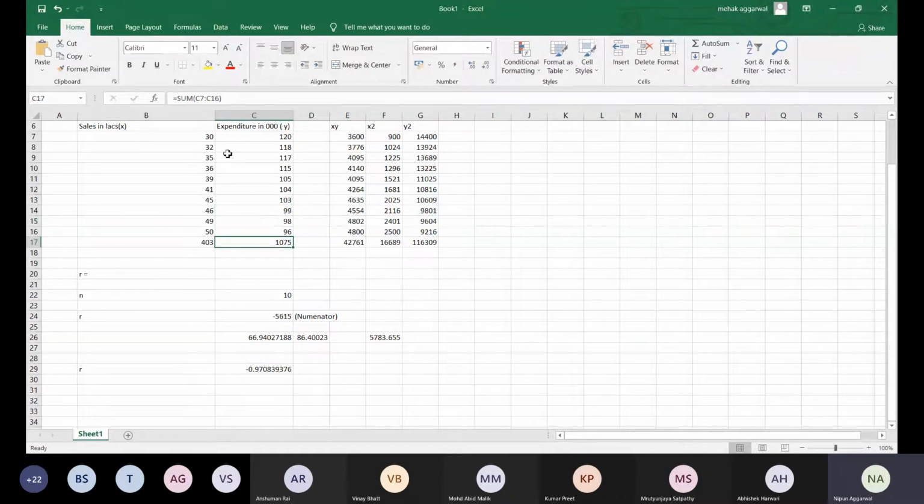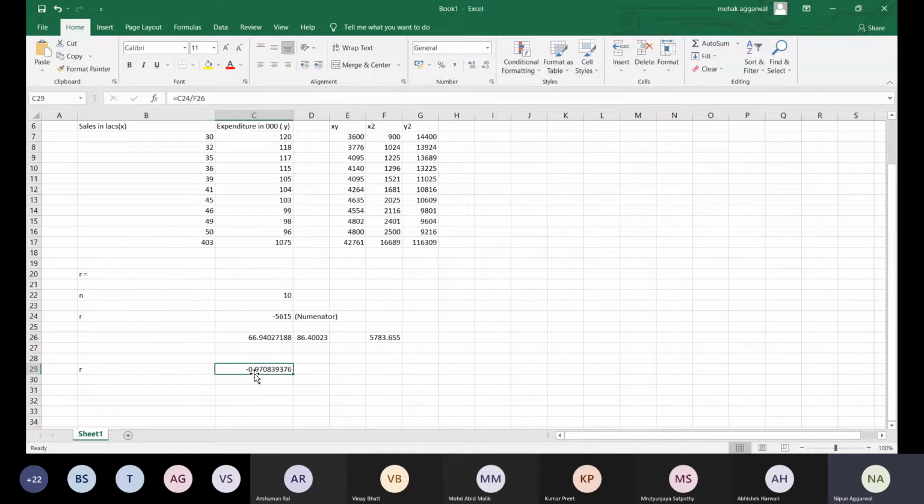So here it is in the reverse direction. If you are increasing the values of sales, your expenditure will be decreasing. So reverse direction, so it must be a high negative correlation. That's why it shows a high negative correlation of minus 0.97.